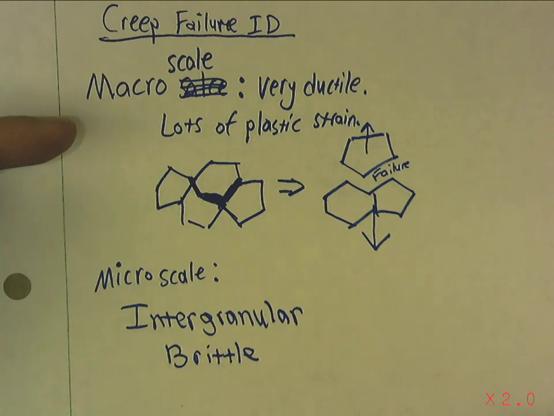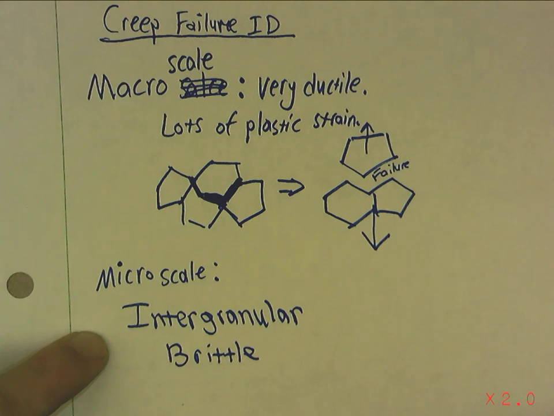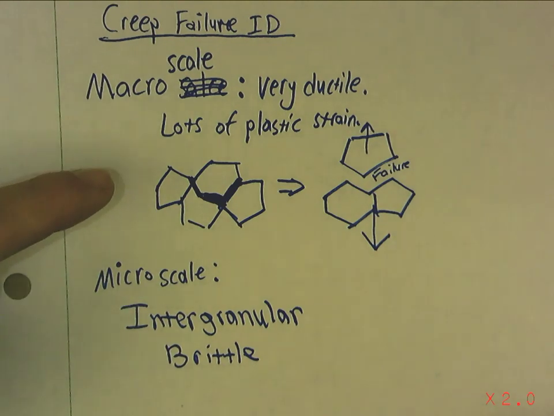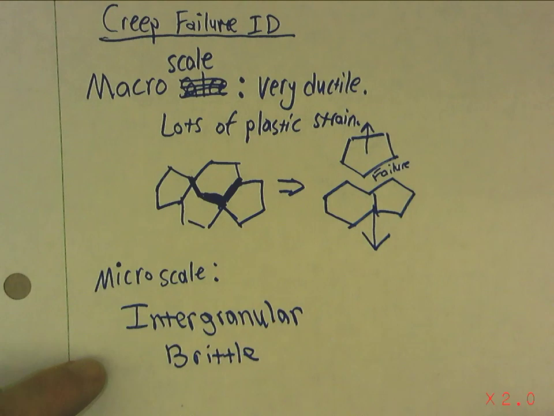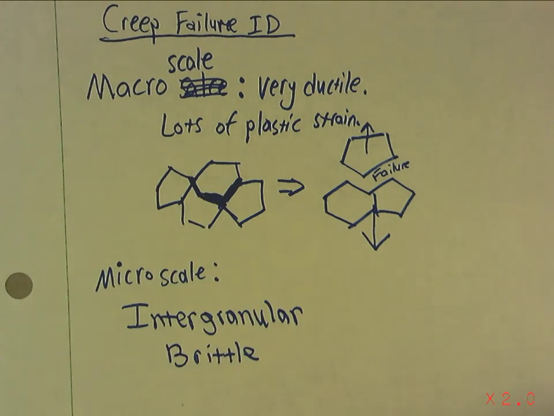Ductile on the macro and brittle on the micro, because of the way in which a creep failure occurs.